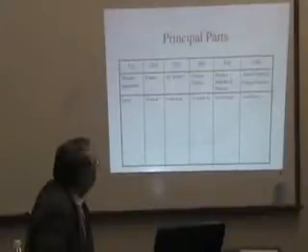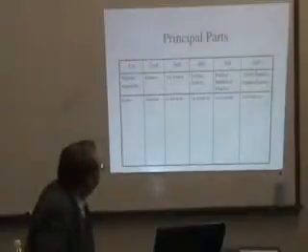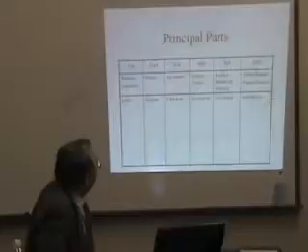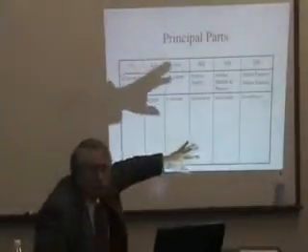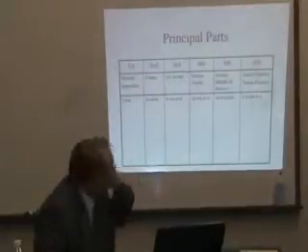The second principal part is the basis of the future tense, active and middle. The third principal part is the basis of the first aorist, active and middle. The fourth principal part is the basis of the perfect active. The fifth principal part, the perfect middle and passive. And the sixth principal part, aorist passive. As the words formed historically, they formed along these six divisions.